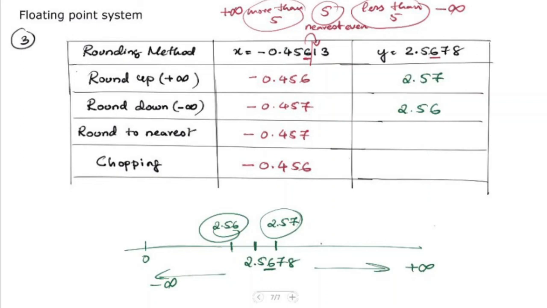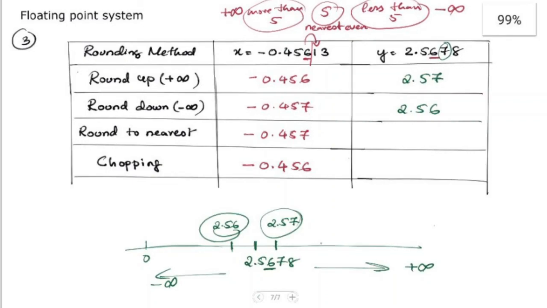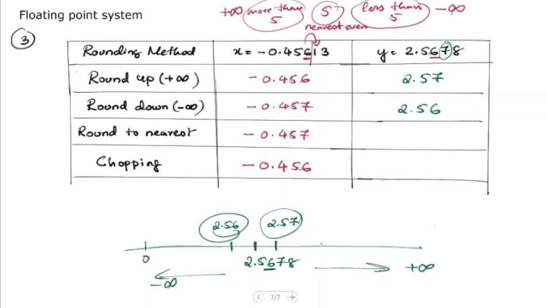Okay, now we are working on round to the nearest, so again we check the next number, is it more than 5, 5 or less than 5. Now here the next number is 7, which is more than 5, and if it's more than 5 then we round it up, that is round towards the positive infinity.